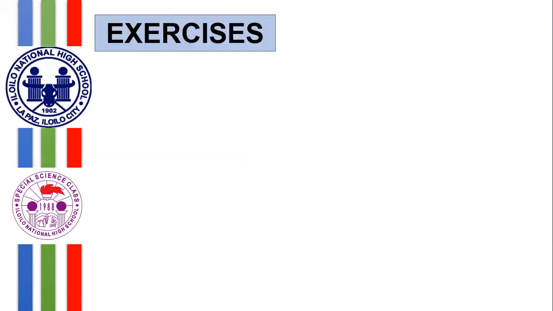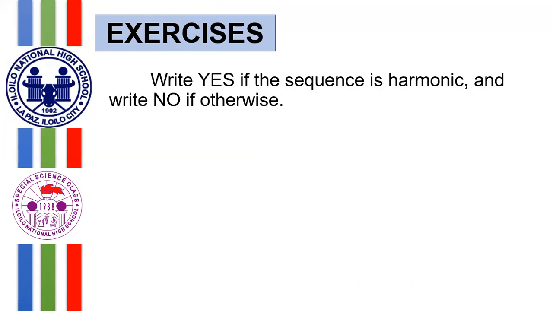Let's have these exercises. Write yes if the sequence is harmonic, and write no if otherwise. So to check this, you have to make sure that you get the reciprocal and check if the reciprocal is arithmetic. If you have 1/3, 1/4, 1/5, 1/6, this is harmonic because the reciprocals 3, 4, 5, 6 form an arithmetic sequence.